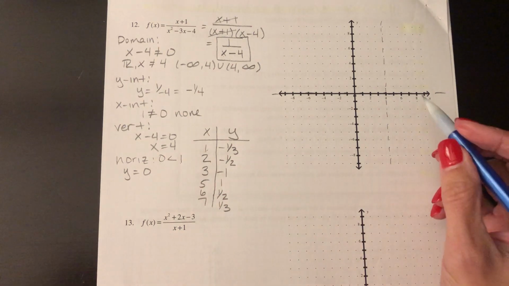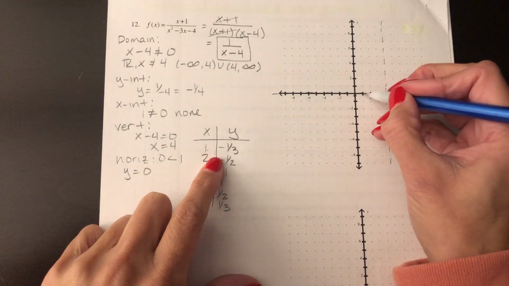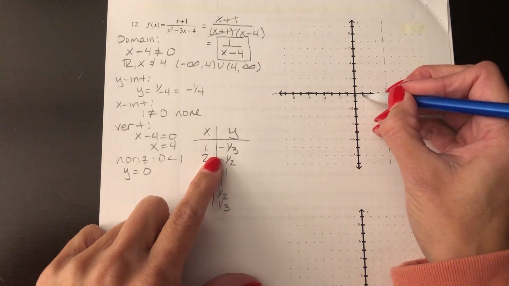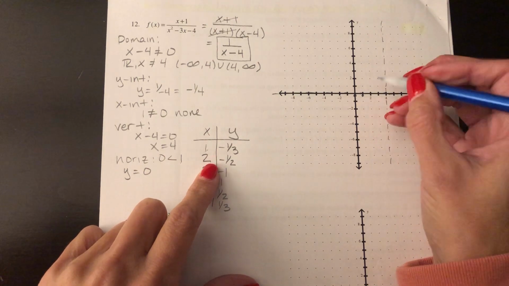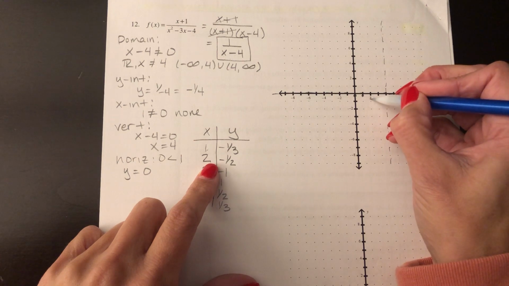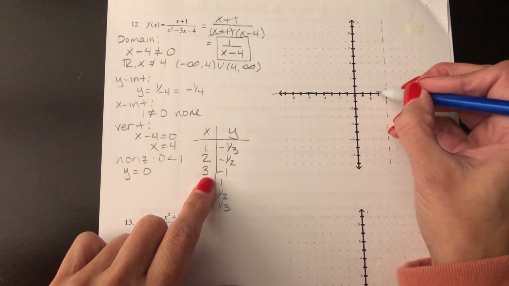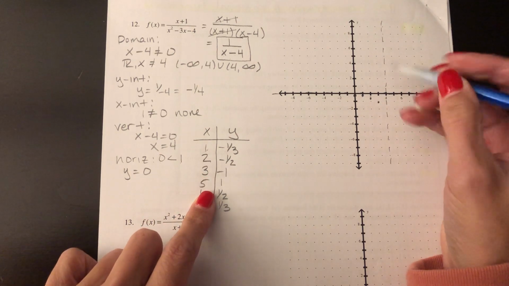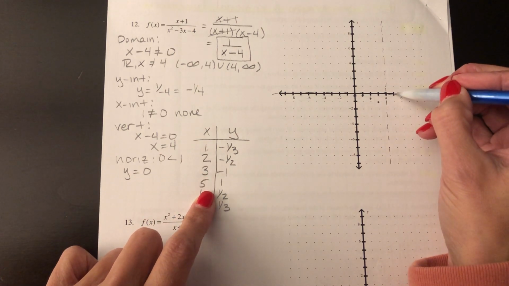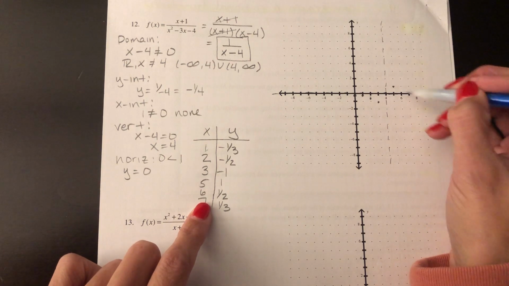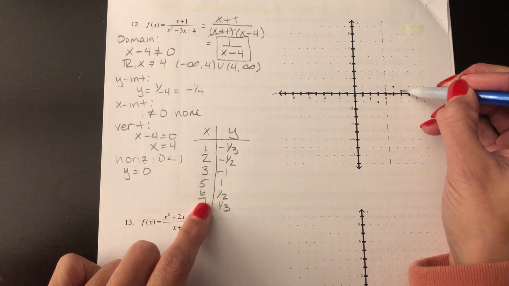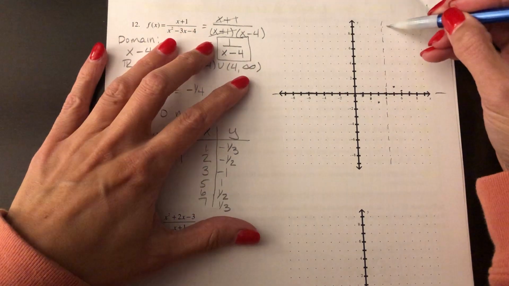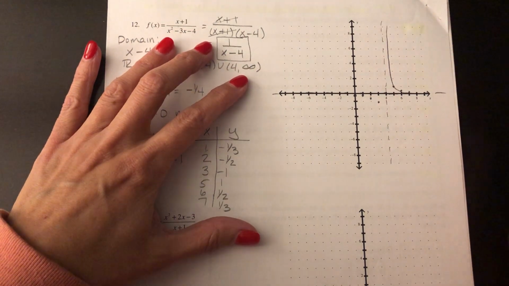Then go ahead and plot those. So 1, negative 1/3, 2, negative 1/2, 3, negative 1, 5, positive 1, 6, 1/2, 7, 1/3, and you can kind of see what it's going to do there.